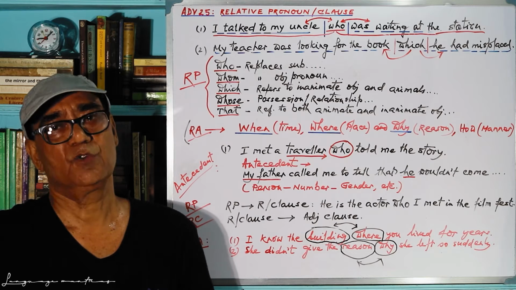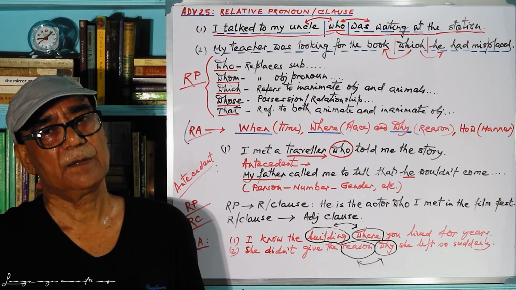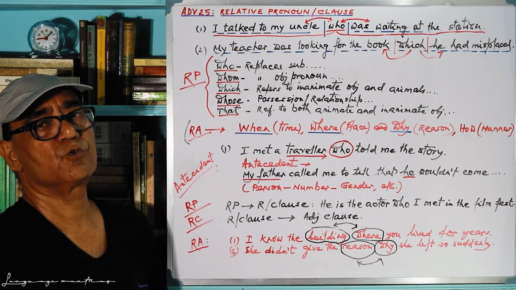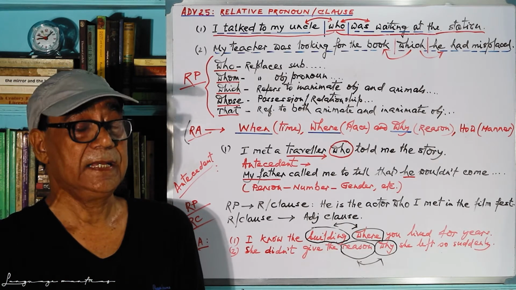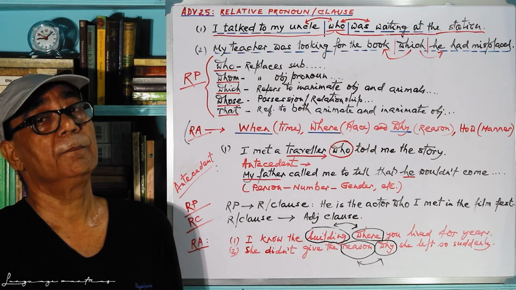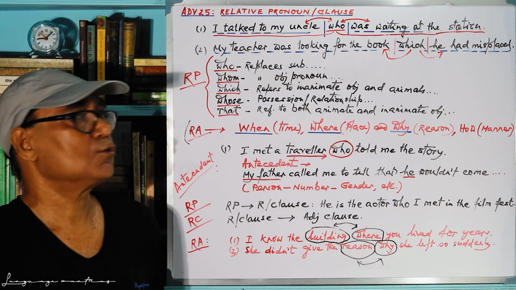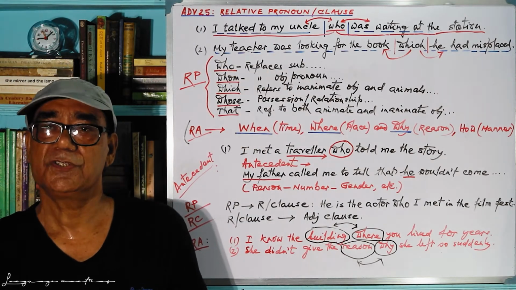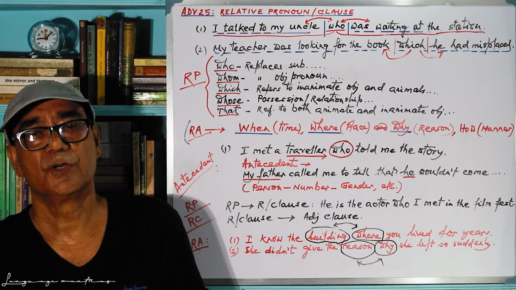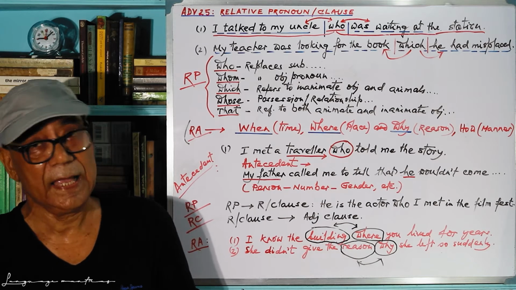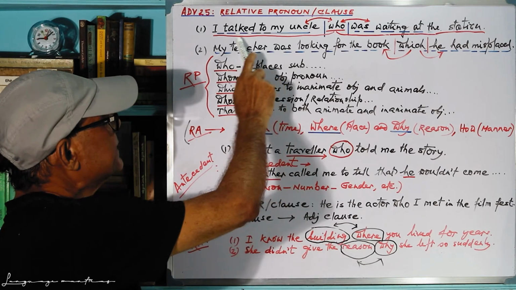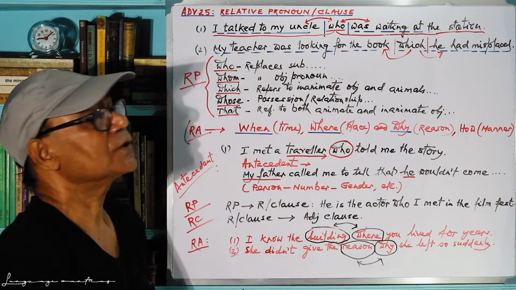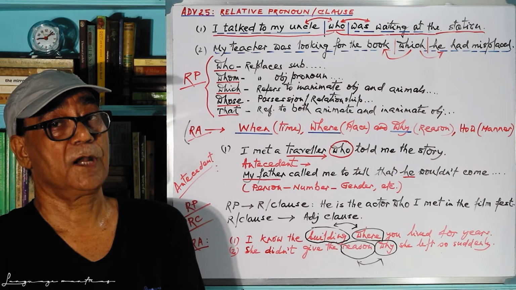Then that is a universal sort of word. It can be used to refer to some animal, it can be used to refer to some inanimate object, and it can be used to refer to some animate object as well. So these are the important relative pronouns.